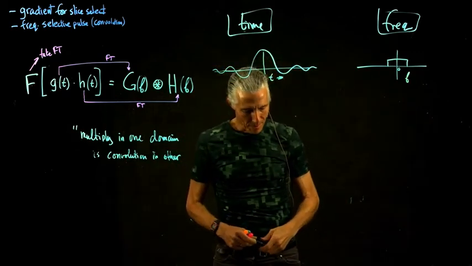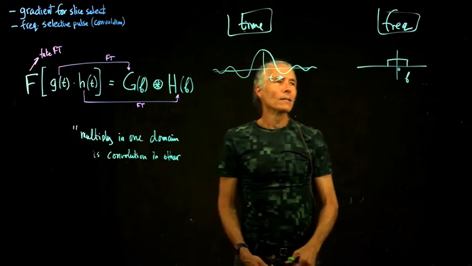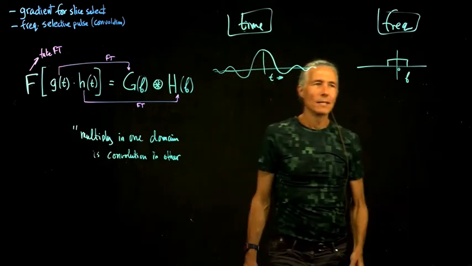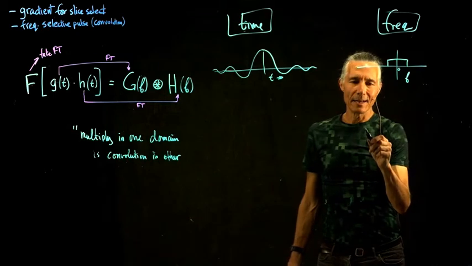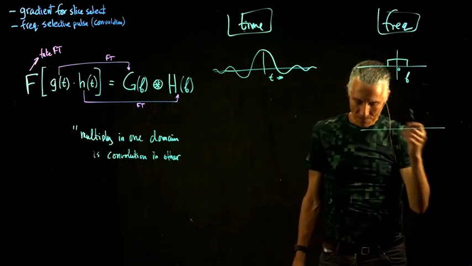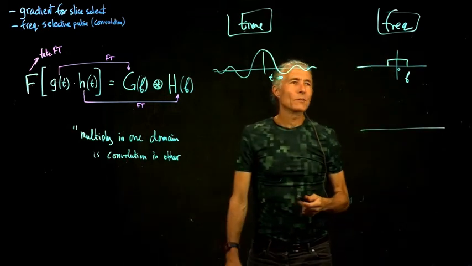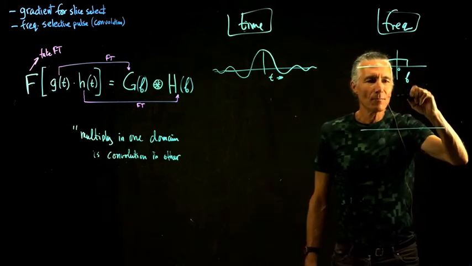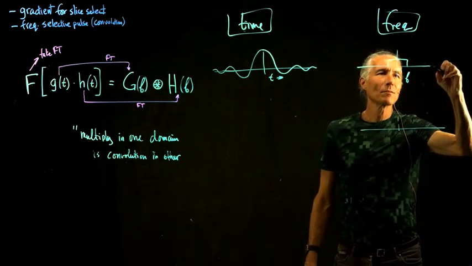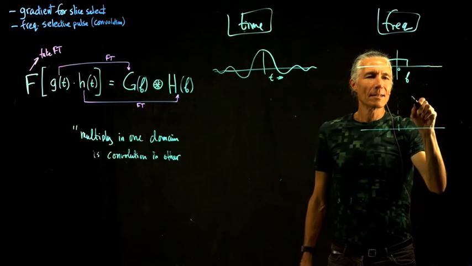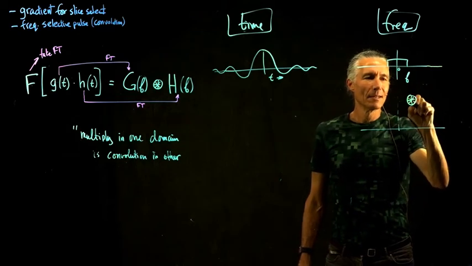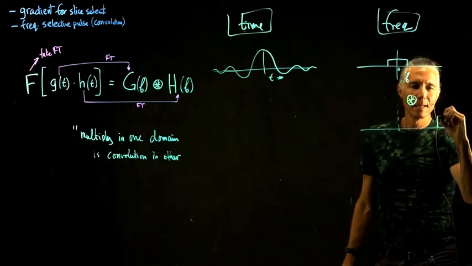So now our problem is, we want this thing off to one side. So how do we move it off to one side? We convolve it with some spikes.